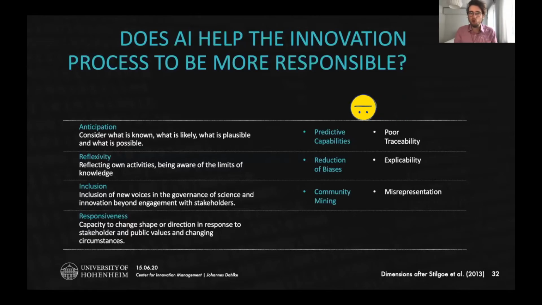Community mining, using text mining to get a feeling for, using sentiment analysis to identify whether customers or another societal group are reacting positively or negatively to an innovation, and what kind of needs and concerns there are.